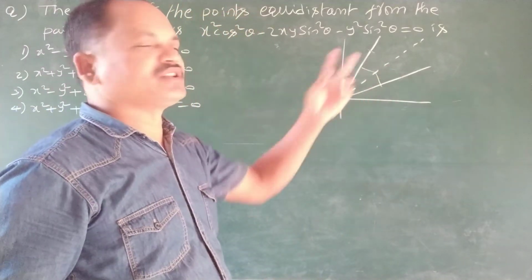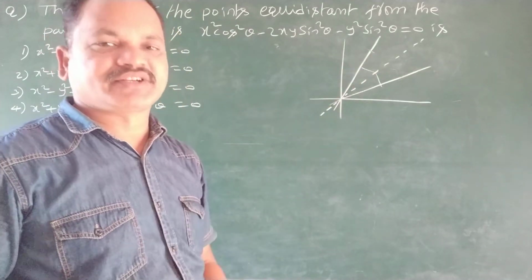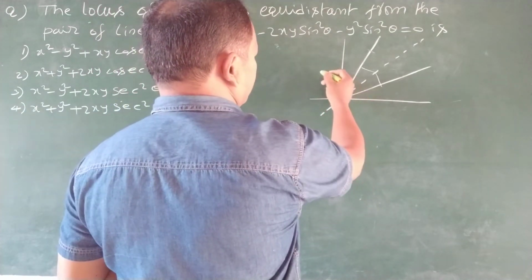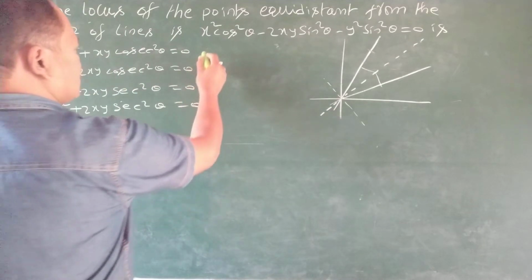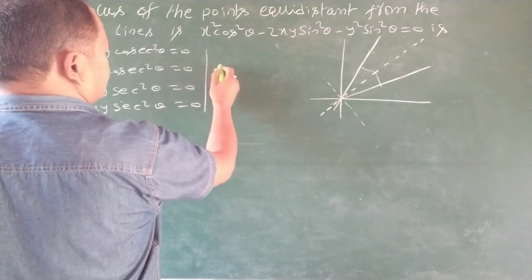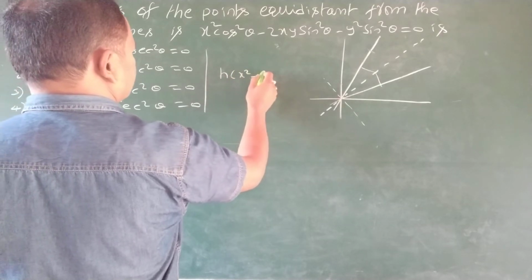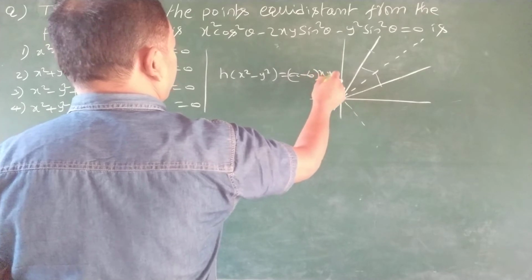This distance is equal to this distance. That's why it is called the pair of angular bisector formula. Here also it is the same, here also equidistant. Another pair of lines. That's why the pair of angular bisector formula is h into (x square minus y square) is equal to (a minus b) into xy.